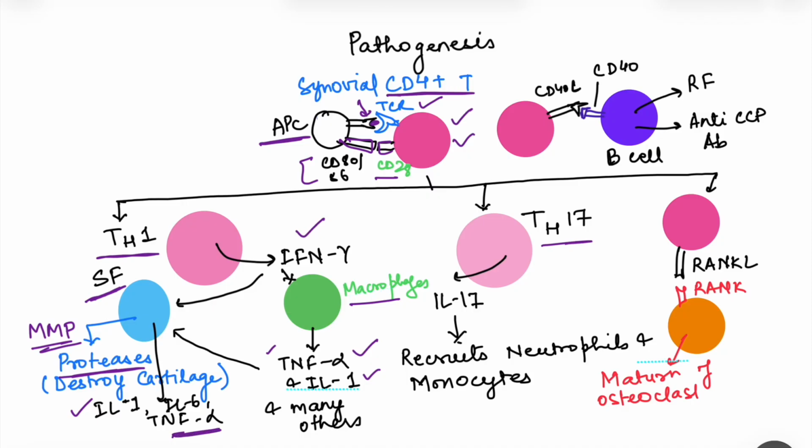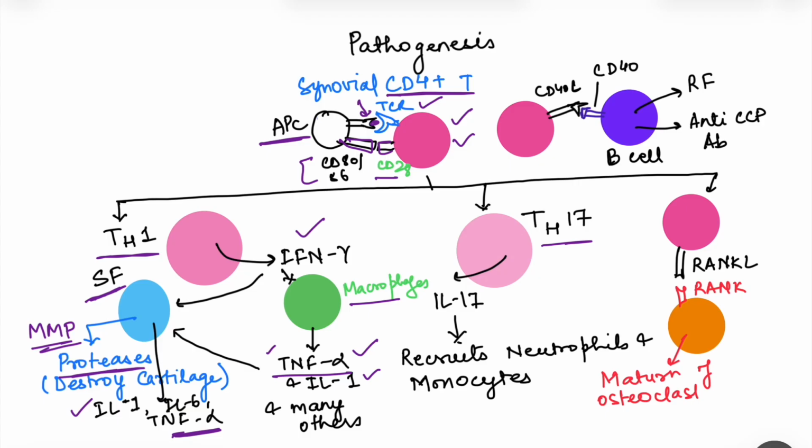So you see this TNF-alpha is very important in the pathogenesis of rheumatoid arthritis, and obviously there is involvement of other interleukins. Why am I talking about it here? Because we will see later that there are drugs which are acting at these multiple levels, like TNF-alpha inhibitors are there, IL-1 antagonists are there, right?